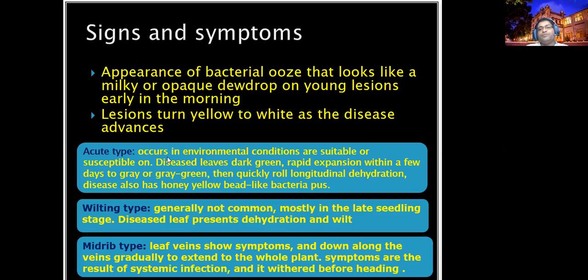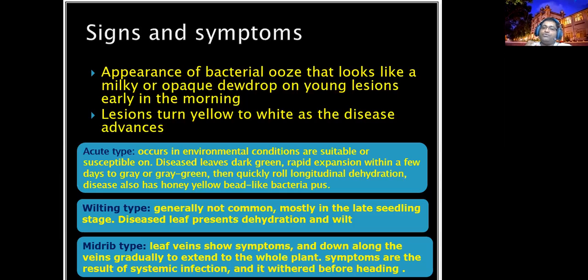An acute type occurs when environmental conditions are suitable on a susceptible variety. The leaves turn dark green, with rapid expansion within a few days, and gray or green. Earlier yellowish, then again it goes to dry off.